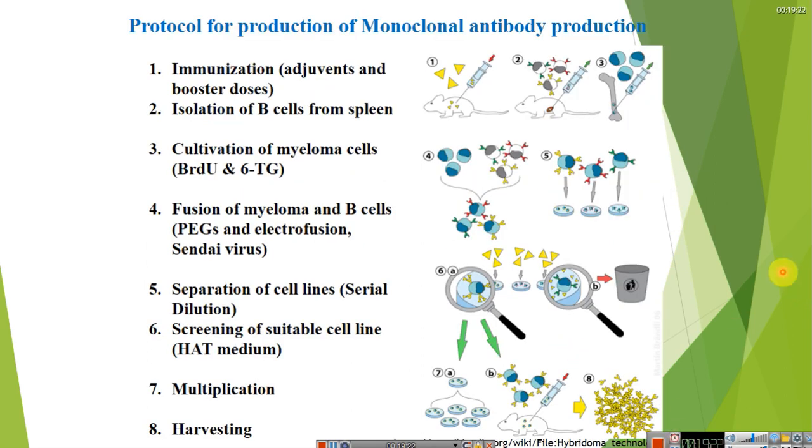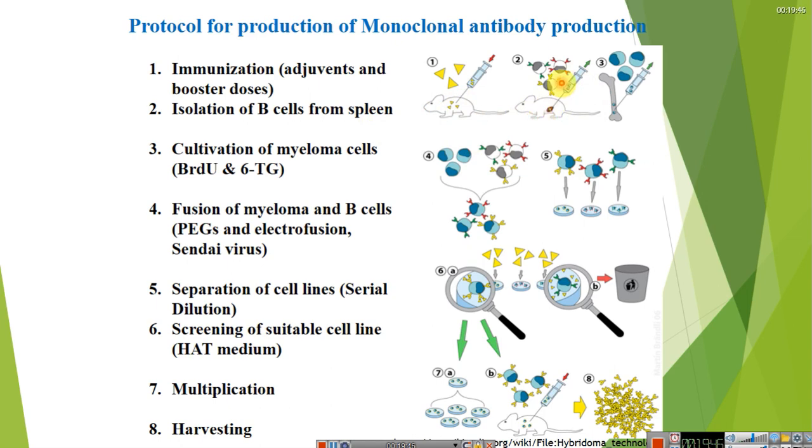What is being done for production of monoclonal antibodies? First of all, we immunize the mouse with adjuvants, and we can give a booster dose to have a potent immunological response. Then we isolate the B cells from these immunized mice.